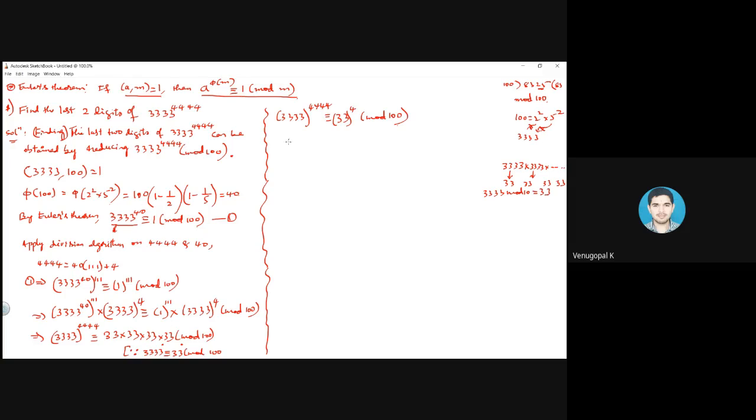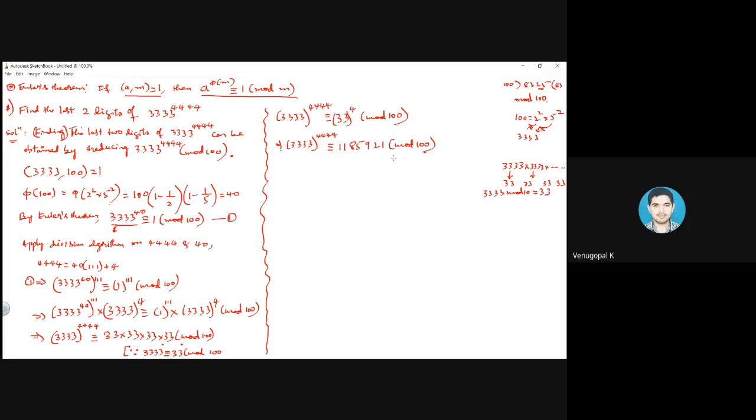Okay, this implies 3333 power 4444 is congruent to 33 power 4. That's very easy to find using a calculator, of course. 33 power 4 is 1185921, mod 100.